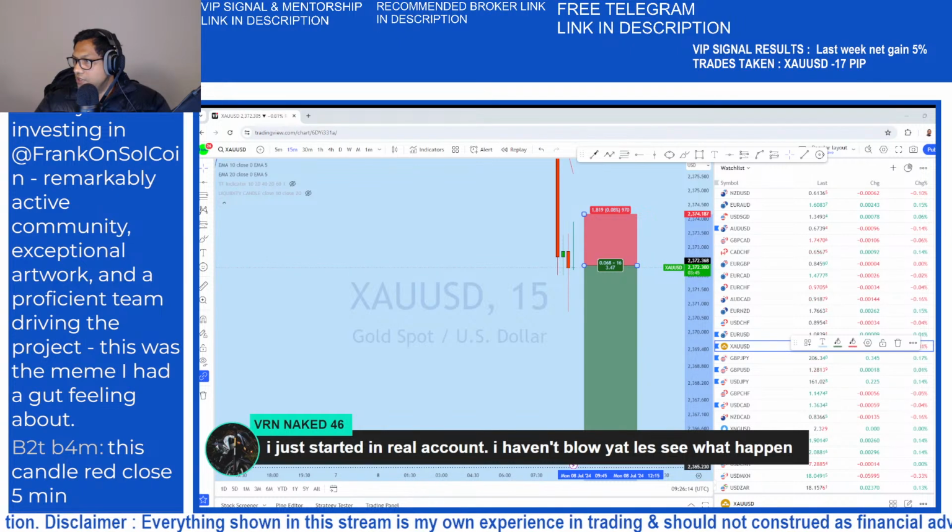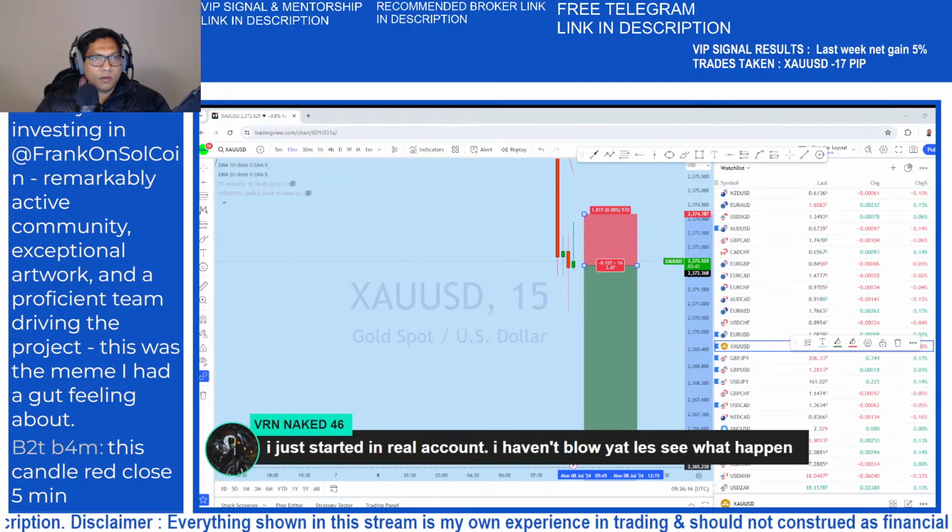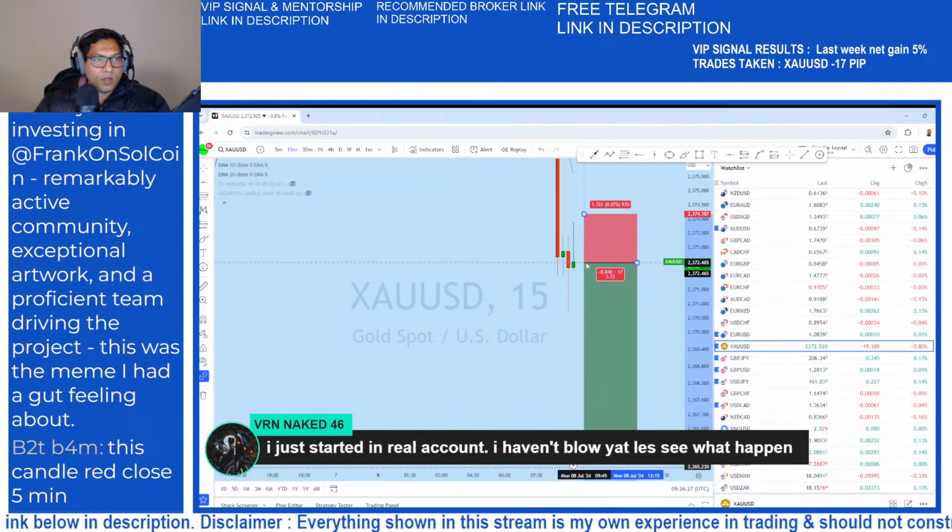Stop loss will be above this high, and the TP target will be 3 to 1 again. I'm short on gold again from this level.